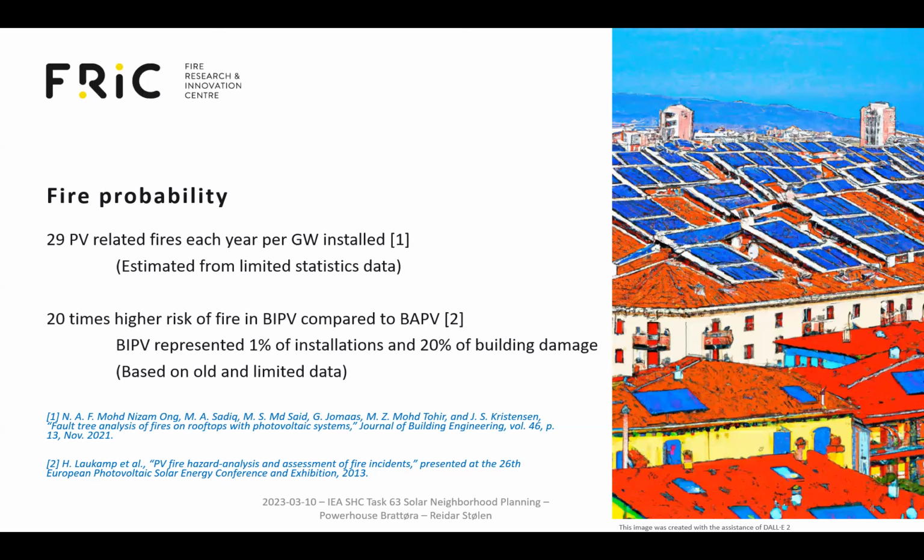Very much a disclaimer on old and maybe not representative data, as the publication is from 2013, and it looked at installations in Germany from the years before that. So a lot has happened in building integrated photovoltaics since then, and I'm hoping to be able to find better and more relevant data for modern BIPV systems.